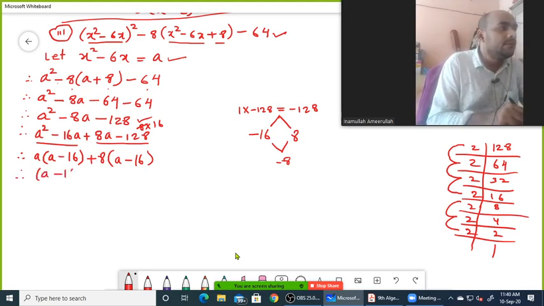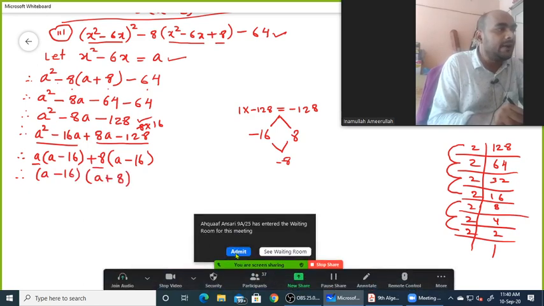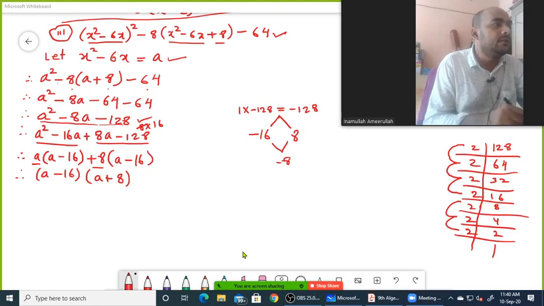Here we will write a minus 16 once, and the other factor will become a plus 8. So these are two factors of this polynomial, a square minus 8a minus 128. When you find the factors of this polynomial, you will get a minus 16 and a plus 8.